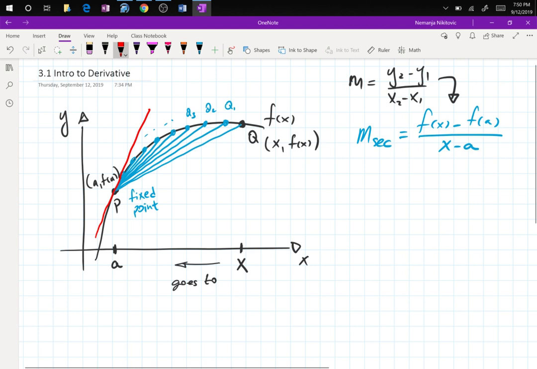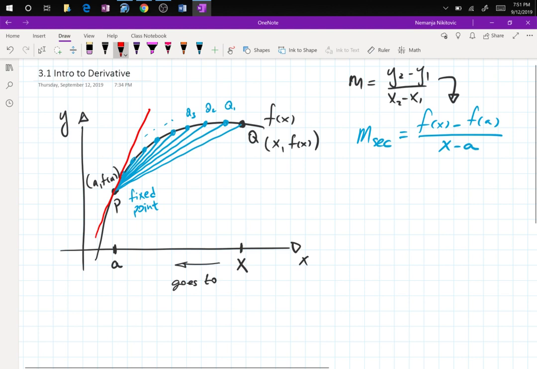What kind of behavior do you see as these blue lines move that way? What is the behavior? What is the red line? Yes, the red line is the limit of all blue lines.